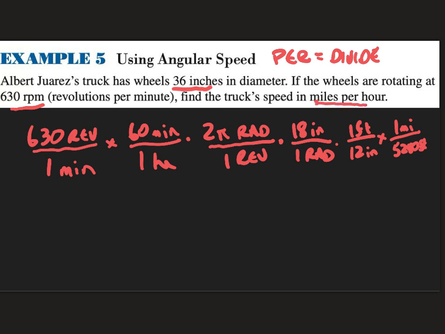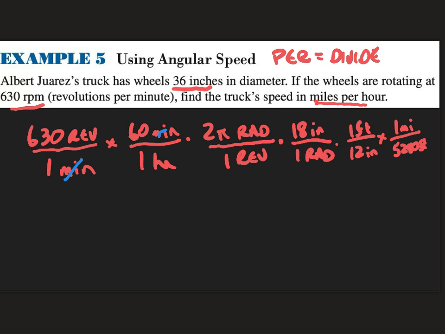So we got to go from minutes to hours, and we got to go from revolutions to miles. So how do we do that? Okay, 630 times 60. The minutes will cancel out. All the things must cancel out. Now we're at revolutions per hour.